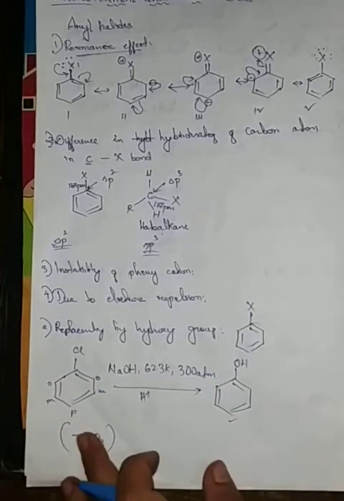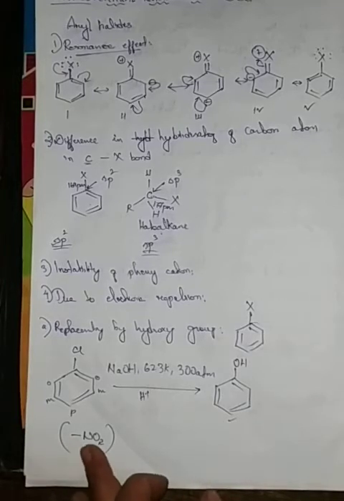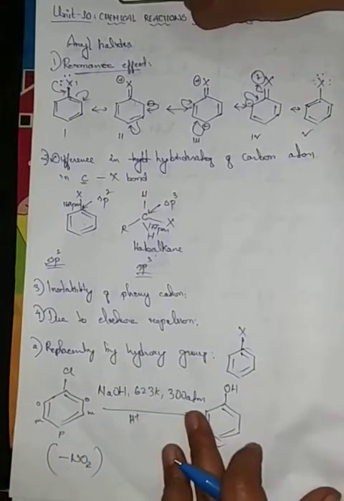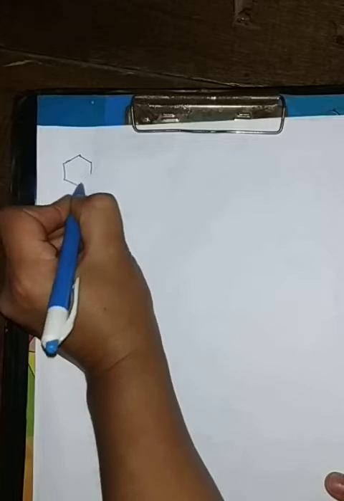Now let's check out examples that have electron withdrawing groups such as the nitro group NO2 attached to the benzene ring. The first example is when it is attached at the para position.